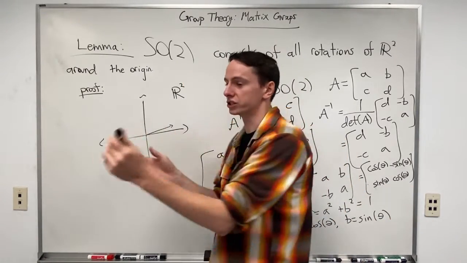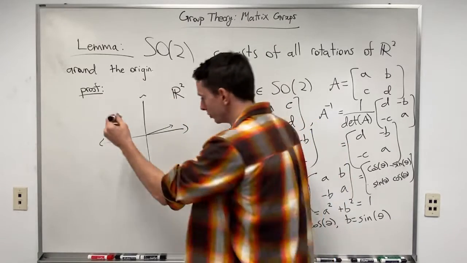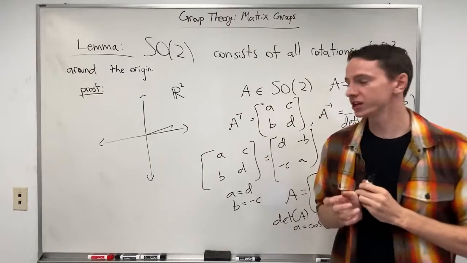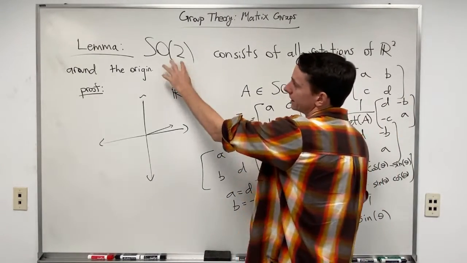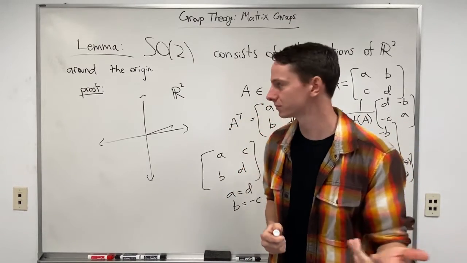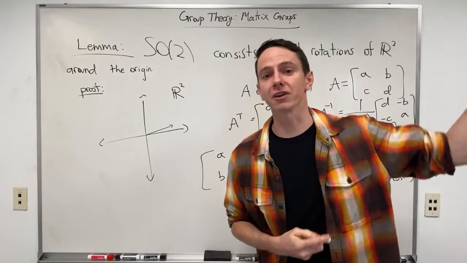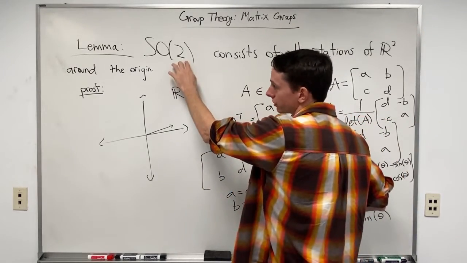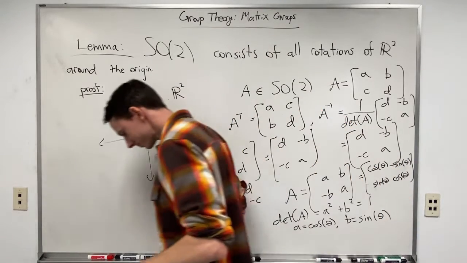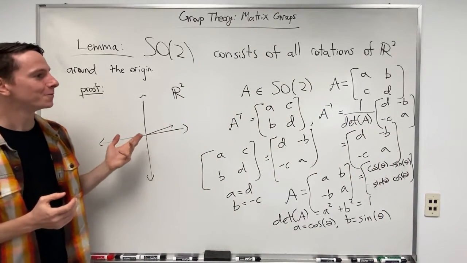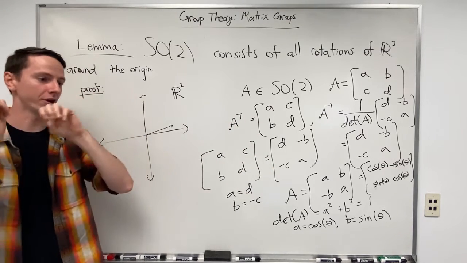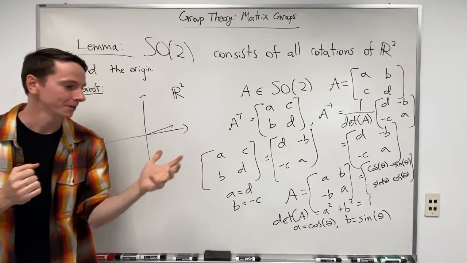Or I mean you can pin the origin, but the orientation in where you put the pin is going to differ. Basically, the way that this would generalize in 3 dimensions is that SO3 is the group of all rotations about some specific axis in 3 dimensions. And you can imagine how this will generalize higher, because in general SO(n) corresponds to rotations in n dimensions.